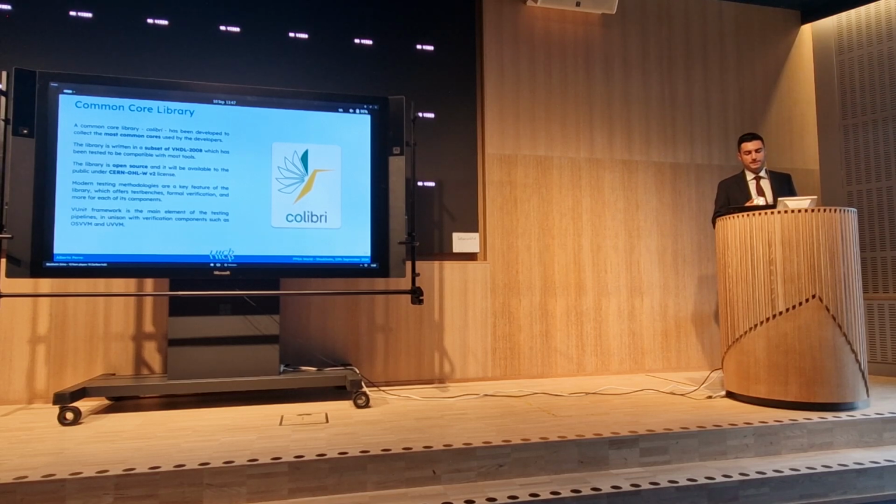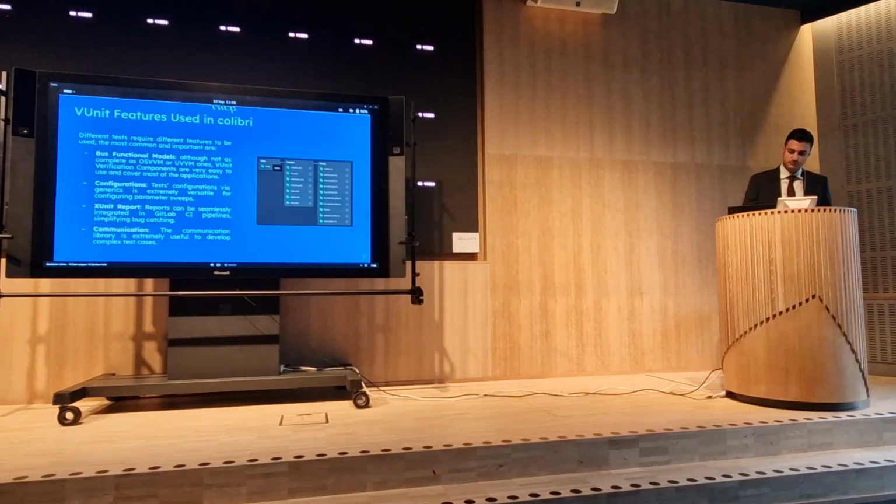And the modern testing methodologies that I have presented were built into the library core from the beginning. So we have test benches, we have formal verification, and even more for each of these components. And obviously using VUnit was the main element to do these testing pipelines in unison with the verification components such as OSVVM and UVVM.